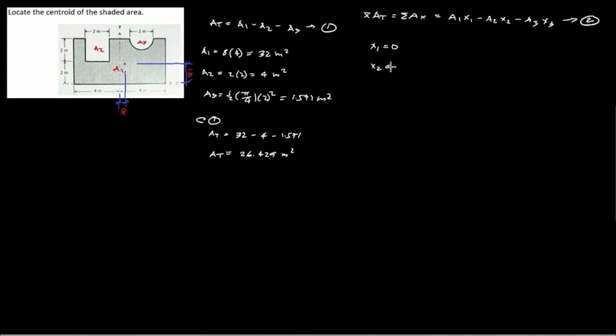X sub 2 is the square, and the centroid of a square is at 1/2 of the base, which is 2 meters. So this is the point.